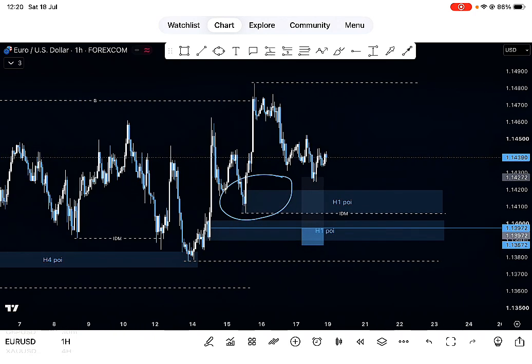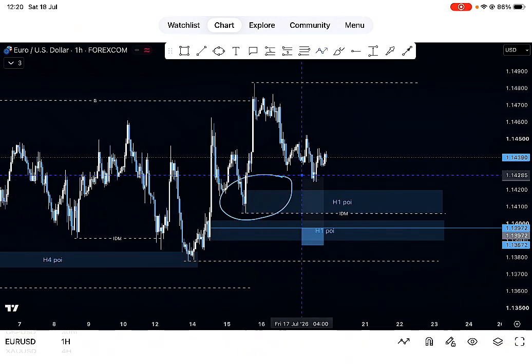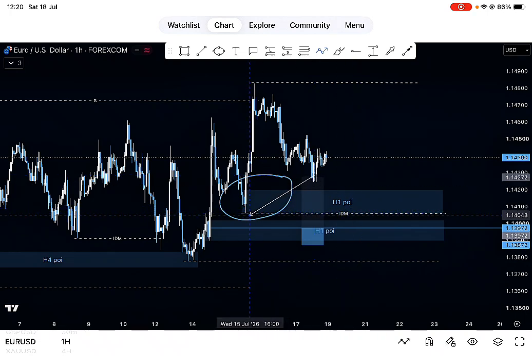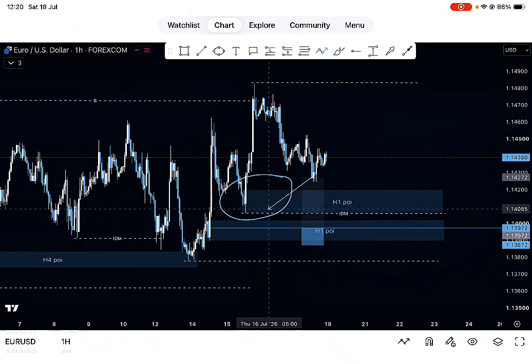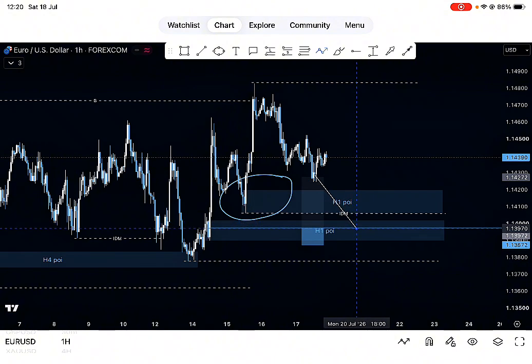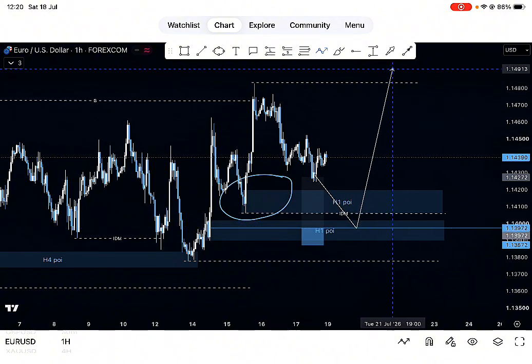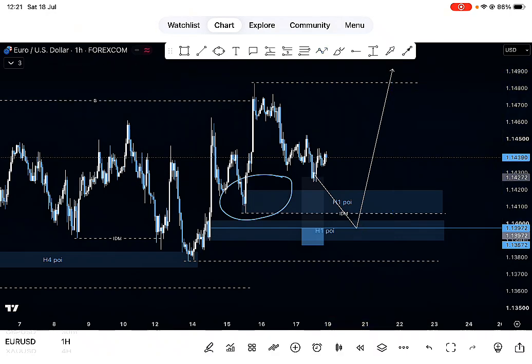And as a smart trader, the smart money will be waiting to induce these early buyers before it gives them the move they're looking for. So they will most likely place their order from here.